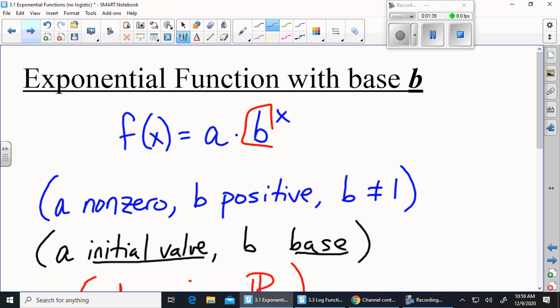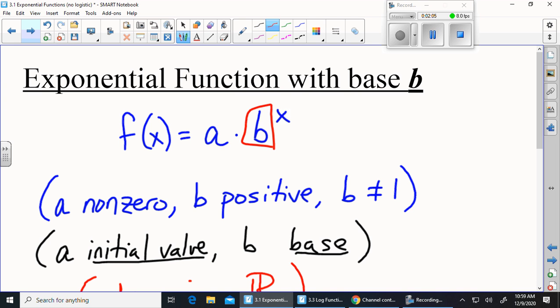This is my base. Now really what you're going to see, a is your vertical stretch or shrink, or it could be flipping it over the x-axis. The thing being raised to the power is the base. a cannot be 0 because then you'd have nothing. b cannot be 1 because then it wouldn't be changing.